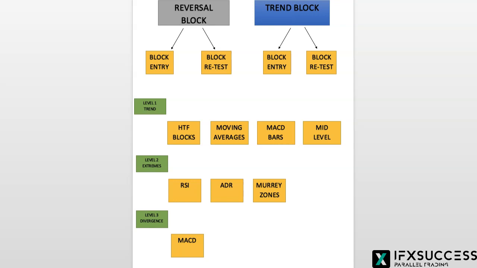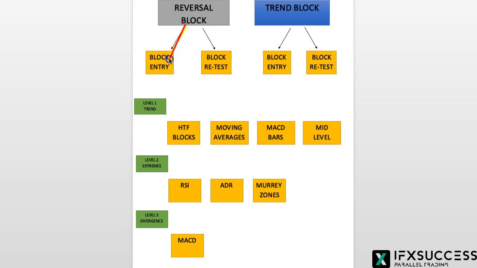So now, one of the things that you have to think about is that when you choose one of the reversal blocks, so let's think about reversal block. So now we choose a reversal block, right? And we say, okay, I want to trade the block entry. So it goes from here to block entry. Let me just change the color in here to something else, to red.